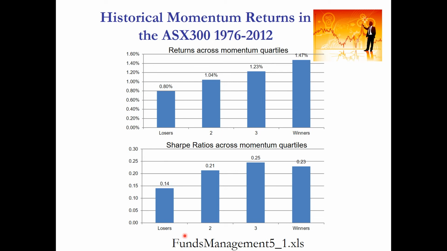So I have shown the Sharpe ratios for the loser and winner portfolios. And if you look carefully, the Sharpe ratio of the winner portfolio is significantly higher than the Sharpe ratio of the loser portfolio. So you can see that the return differential between the winner and loser portfolio persists even after controlling for risk.